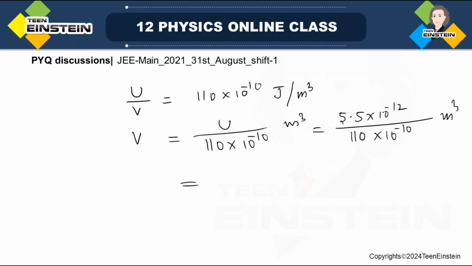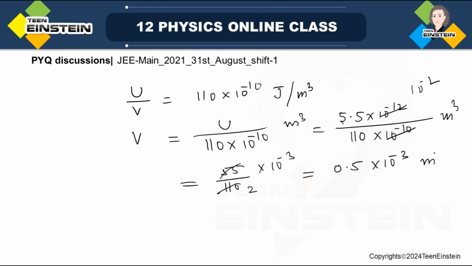So this will give you 10 to the power minus 2, and 55 by 110 is 0.5. This will actually be 10 to the power minus 3. That means 0.5 into 10 to the power minus 3, and this is in meter cube.